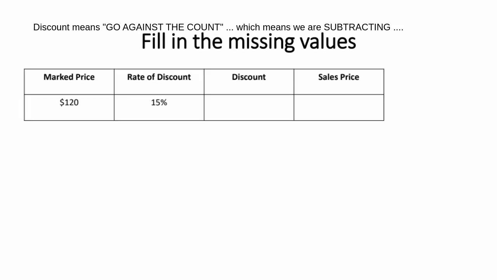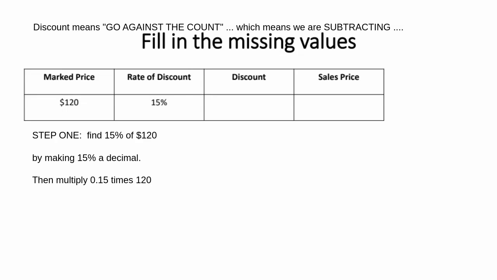Step 1, find 15% of $120 by making 15% a decimal. Then multiply 0.15 times $120.